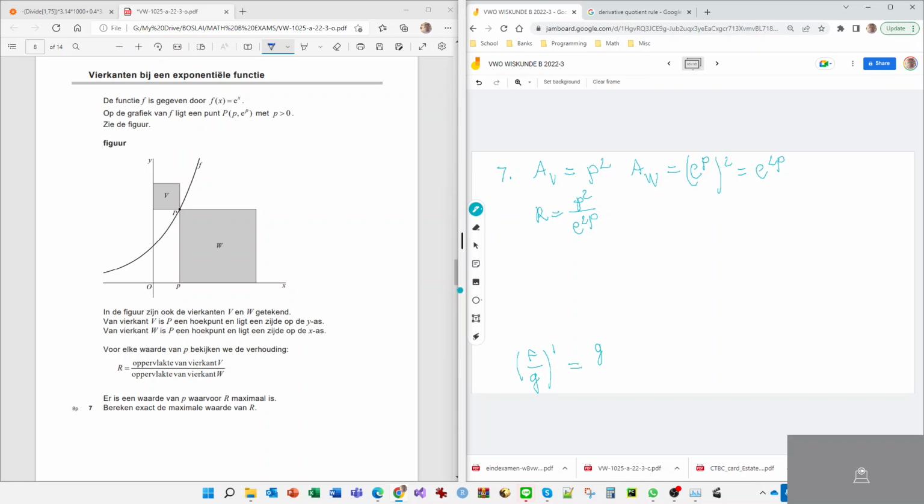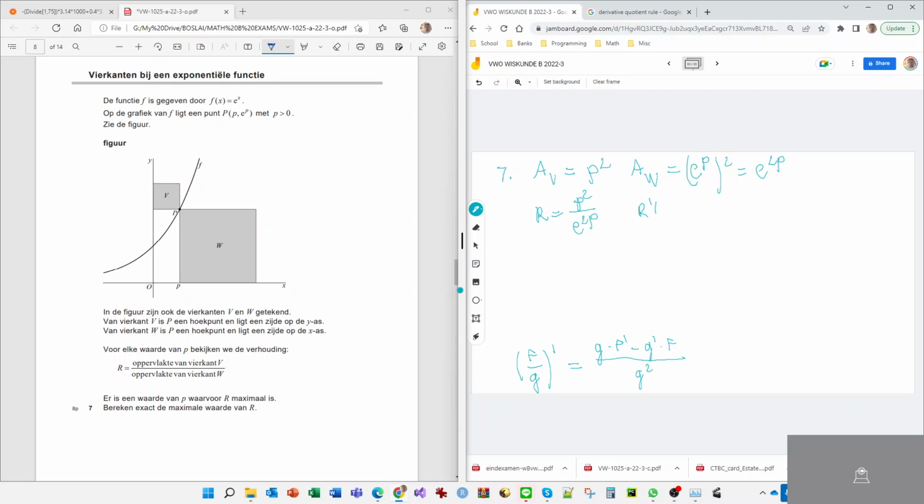It's g times f prime minus g prime times f, divided by g squared. You also need to know what it is for a product, by the way. So, what's r prime?